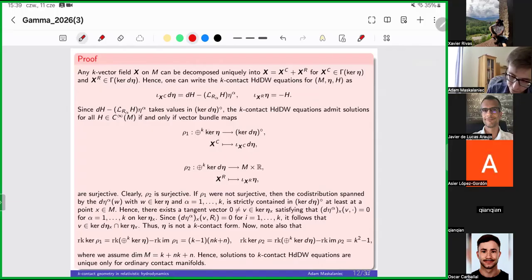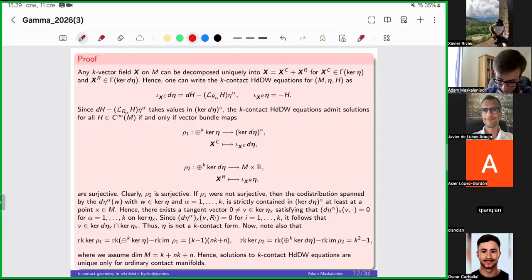The first one, rho 1, maps the k times the kernel of eta into the annihilator of the Reeb distribution, and the map rho 2 takes the k times the direct summand of the Reeb distribution into R times R^k.